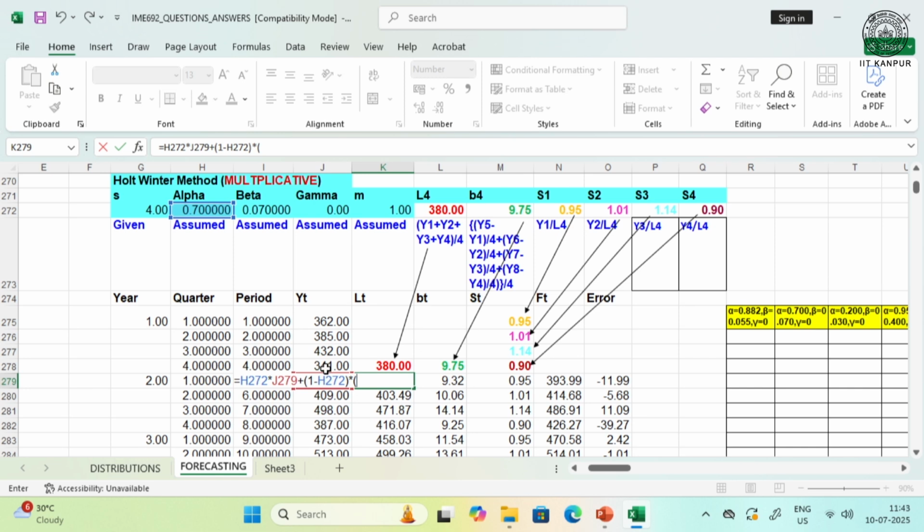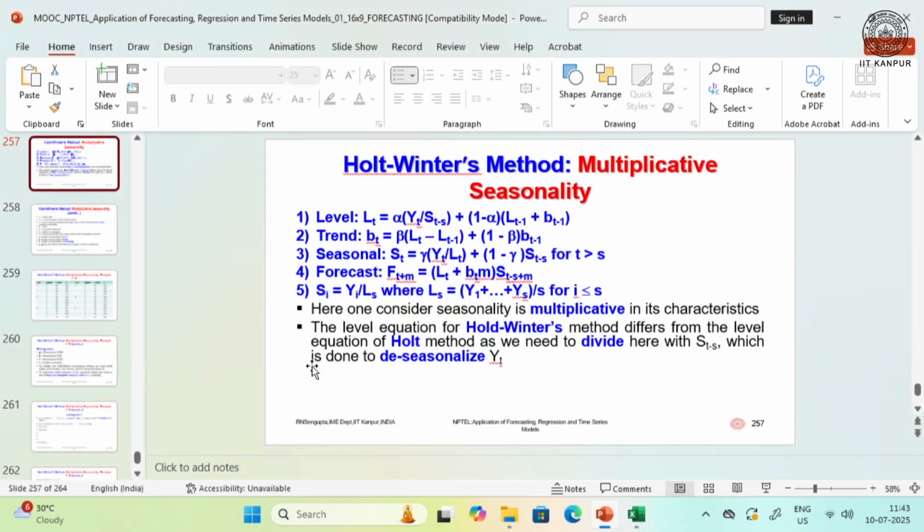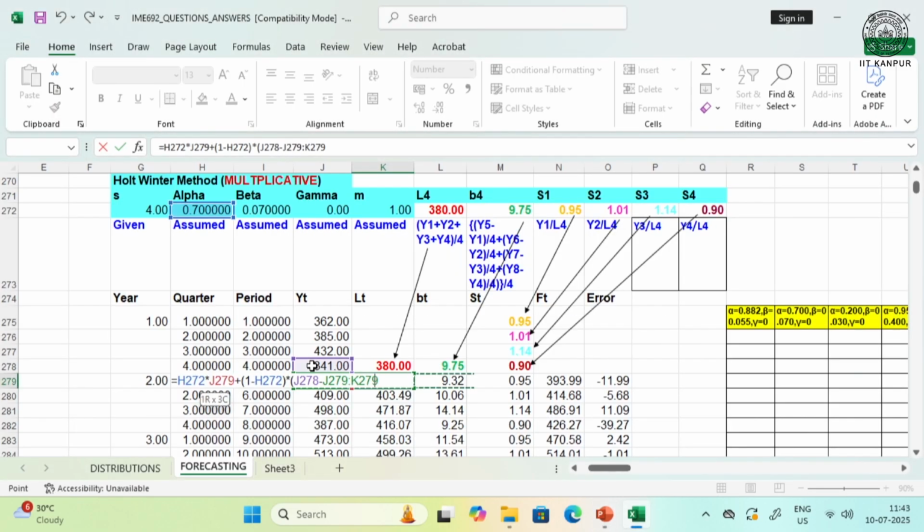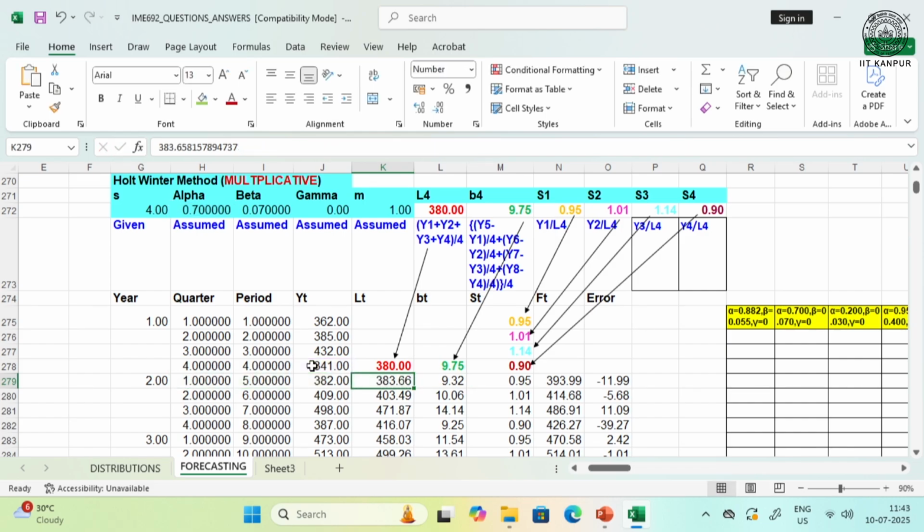Sorry, it should be divided. I will again recalculate.